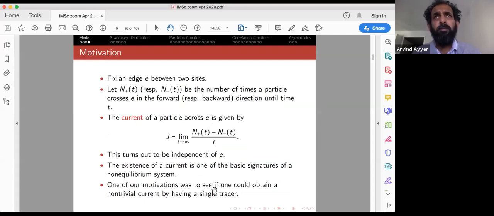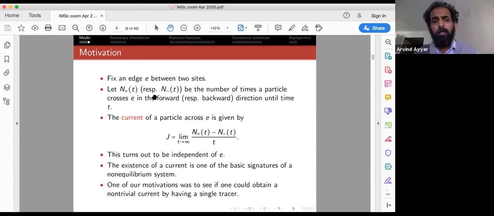So let me define the current. Now we are back to our model, and suppose you fix an edge between two sites, and you look at the number of times a regular particle crosses this edge in the forward direction, let's say clockwise, and you call that n plus of t up till time t.